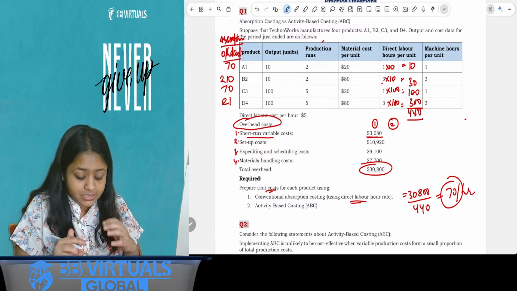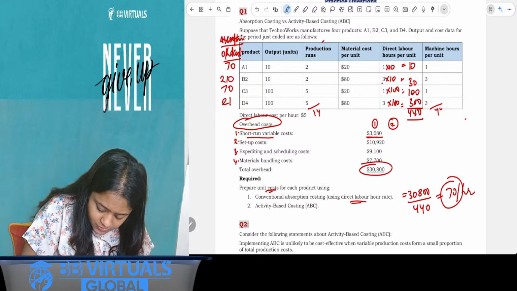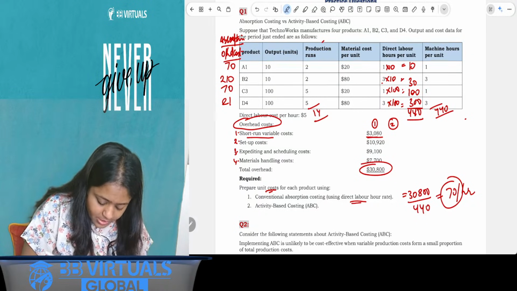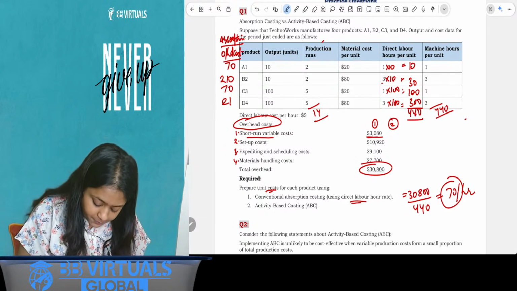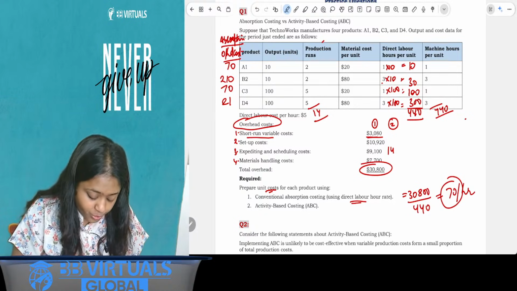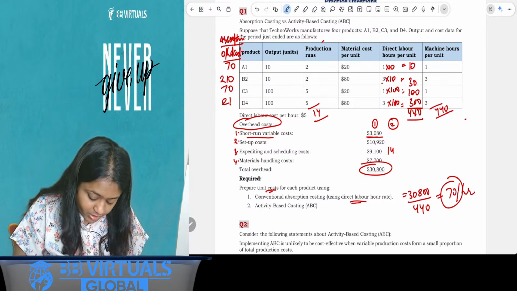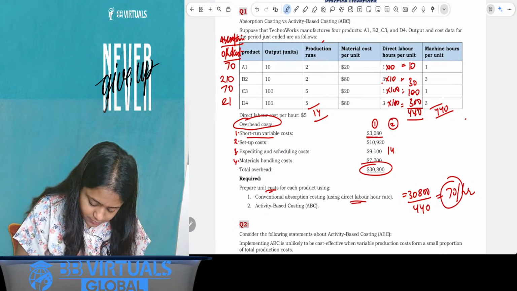Add them together, we get 14. Get the total of everything. Machine hours also is 440 total. So we just have practically production runs and machine hours. Setup cost will be based on number of production runs, which is 14.